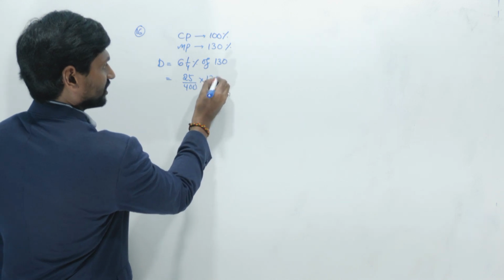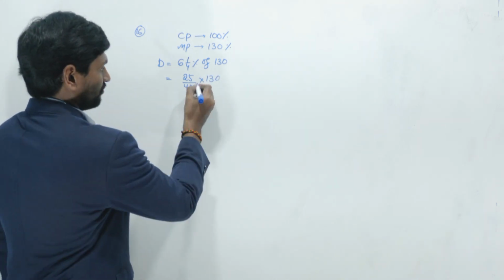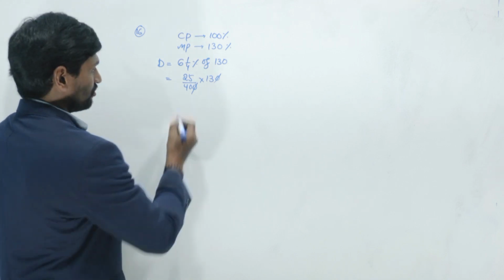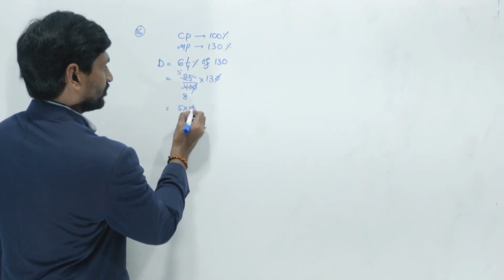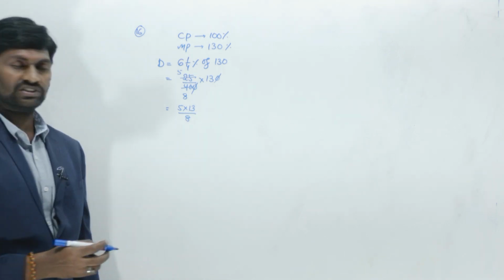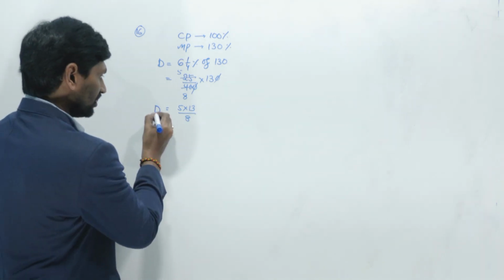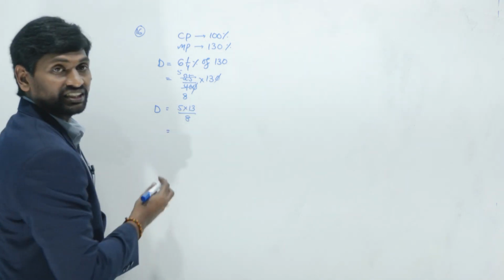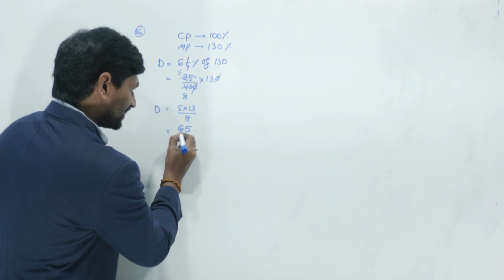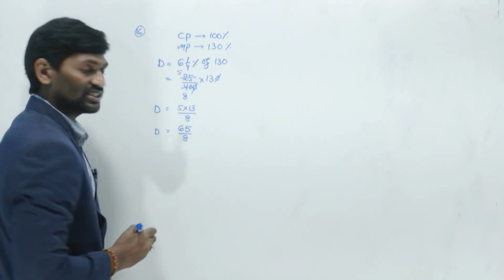That will be 25/400 into 130. After cancellation, 0 0, 5 table here 8 times, here 5 table 5 times. So 5 into 13 by 8. That is the value for discount. 5 13s are 65, so 65 by 8. This is the discount amount.